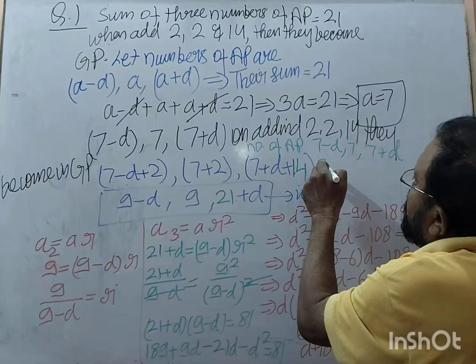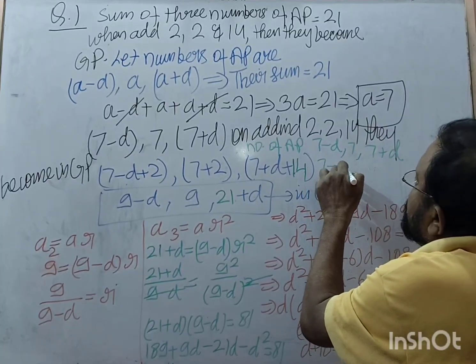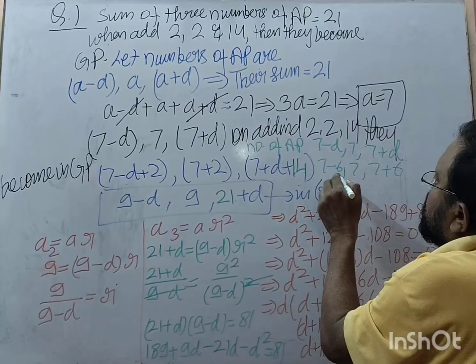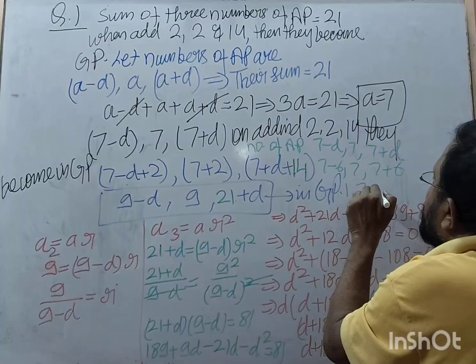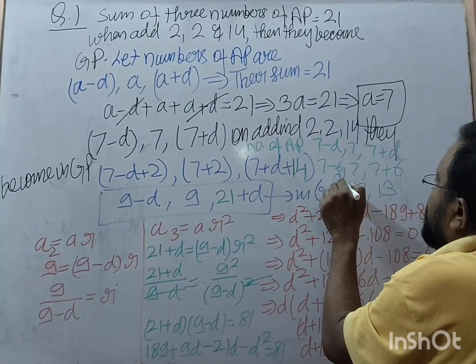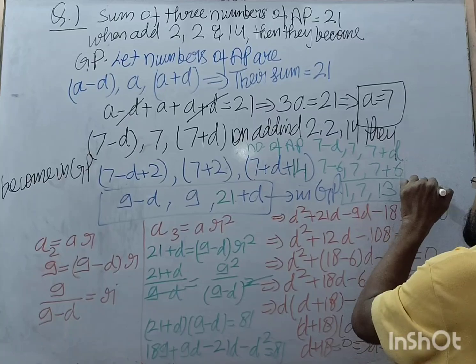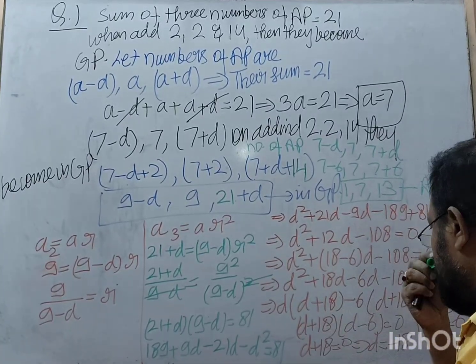So it becomes 7 minus 6, 7, 7 plus 6. So you get 1, 7, 13. This is the AP we get. Fine.